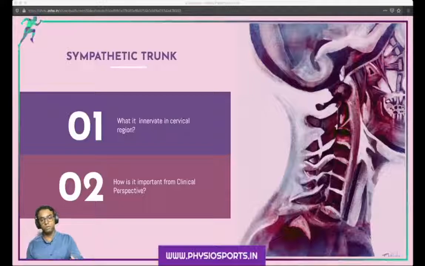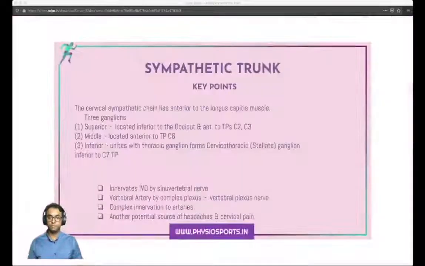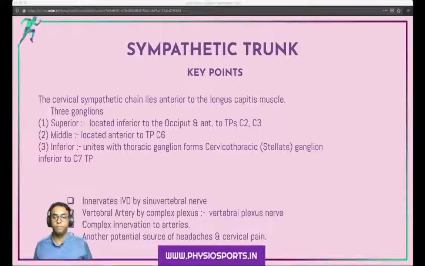The contribution from the sympathetic nervous system in the innervation of the cervical region. The sympathetic trunk key points. The cervical sympathetic chain lies anterior to the longus capitis muscle.